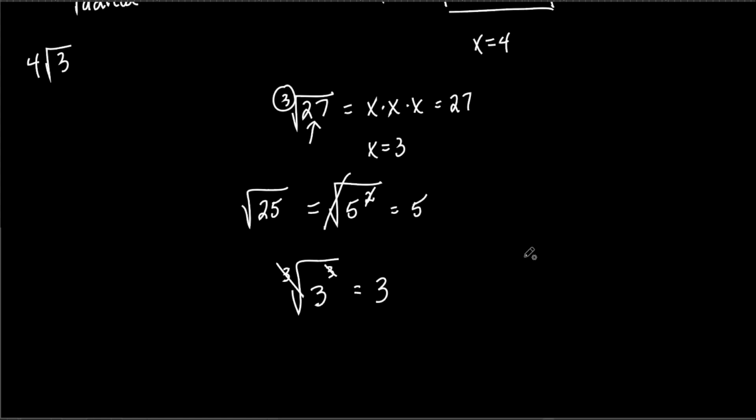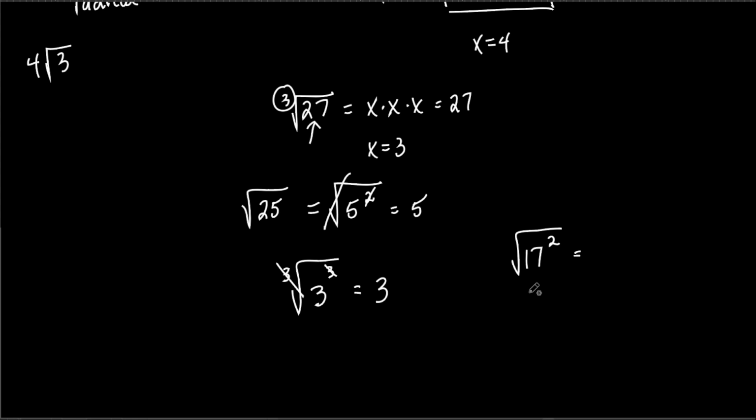What if I had 17 squared? Do you know what 17 squared is off the top of your head? Me neither. I think it's 289. Is that right? Somebody do that. Yeah, 289. Okay, so I did know it off the top of my head, but most people don't. So what if I did this, though?